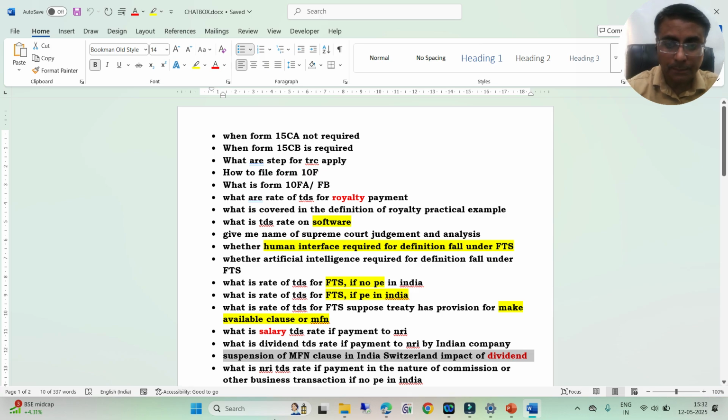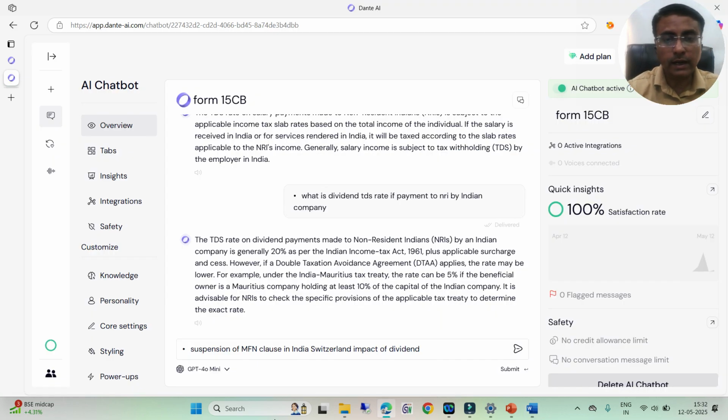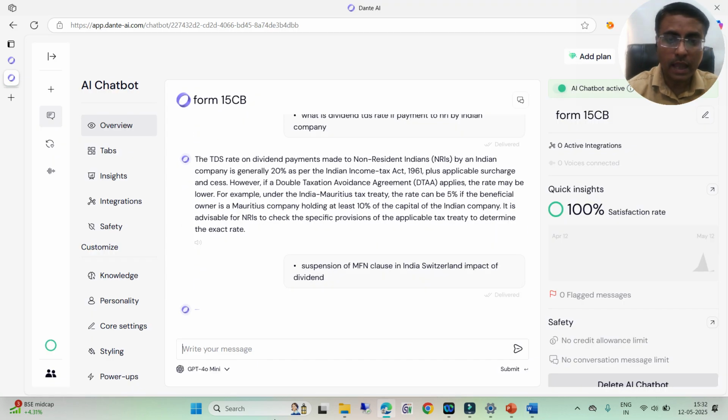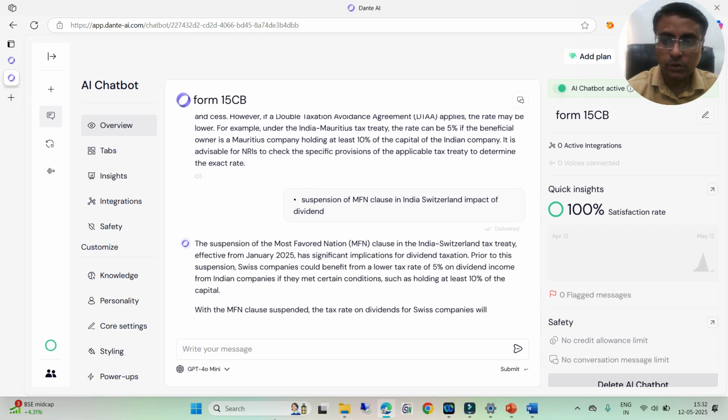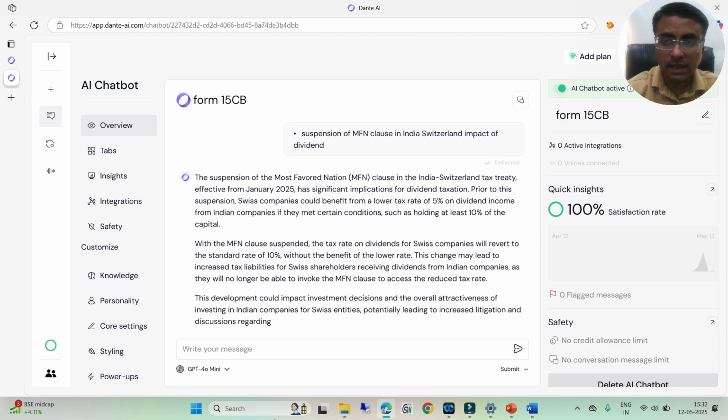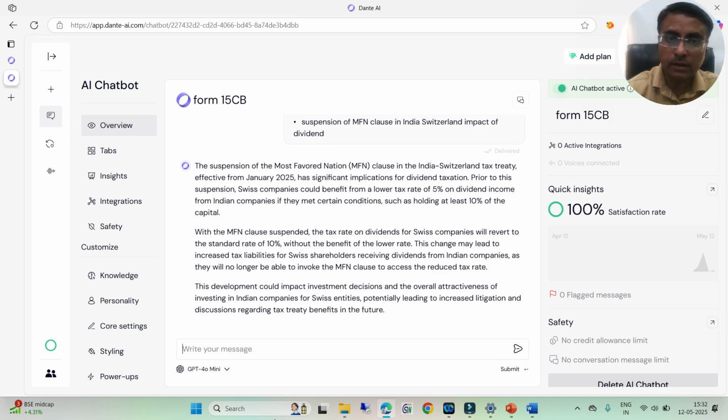What happened is that India-Switzerland suspended the MFN clause in January 2025. What is the impact? The suspension of the MFN clause in the India-Switzerland treaty, effective from January 2025, leads to a higher rate, not the 5% available in the Netherlands or France treaties.